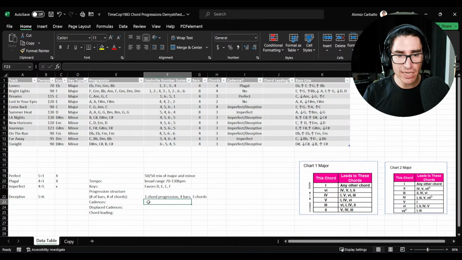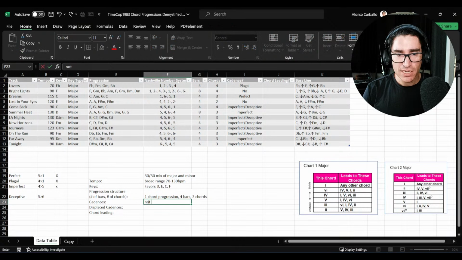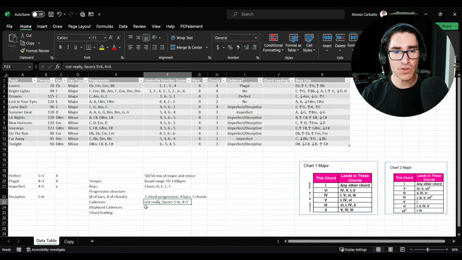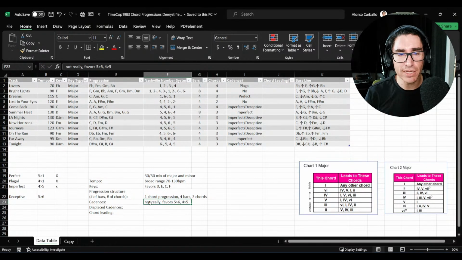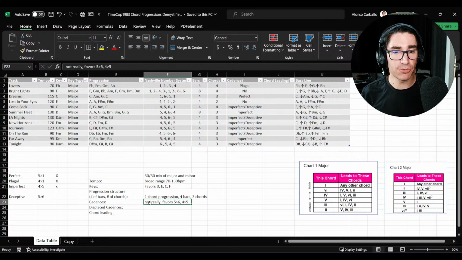So in terms of cadences, I would say not really, but he really likes going from 5 to the 6 progression and from the 4 to the 5. So this also gives us clues into creating chord progressions that have a kind of TimeCop1983 feel to them. It's like finding the breadcrumbs and putting the pieces of the puzzle together.